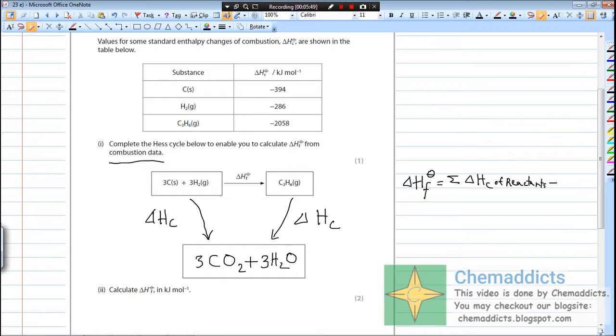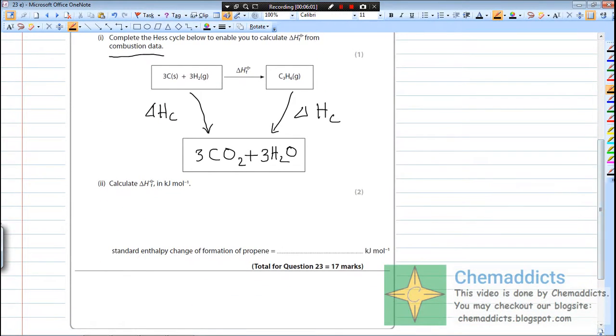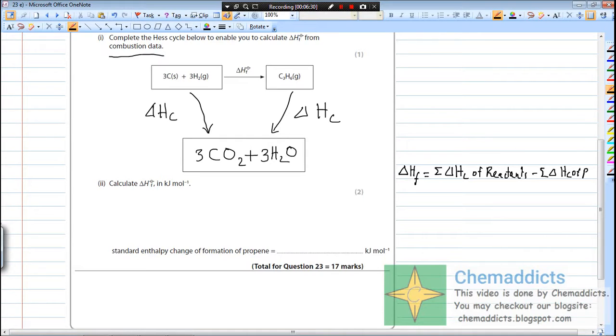Sum of combustion enthalpy of reactants minus sum of combustion enthalpy of products.